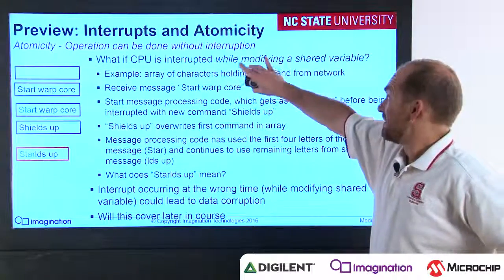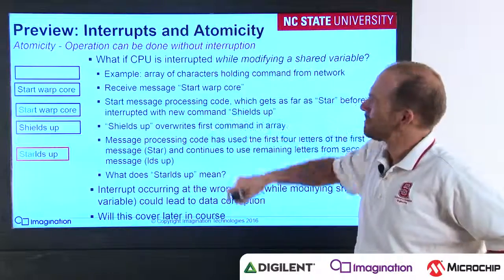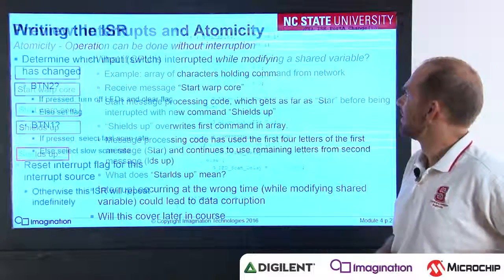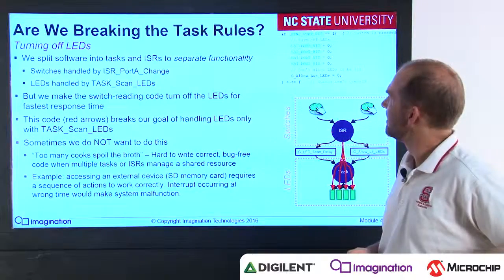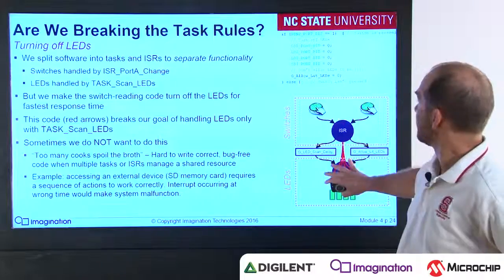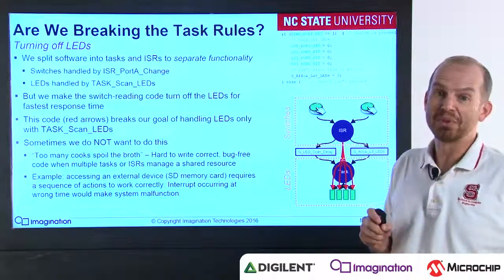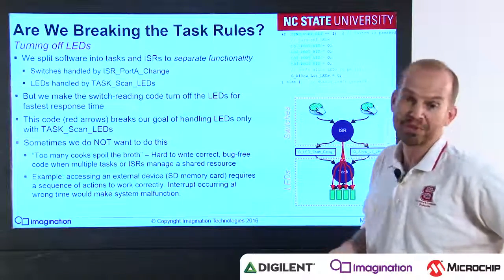And we also provide a preview of interrupts and atomicity of data operations. And then we step through how to write the interrupt service routine. And we also raise some questions of how do we turn off the LEDs immediately from within the interrupt service routine? And this would make a good classroom discussion.